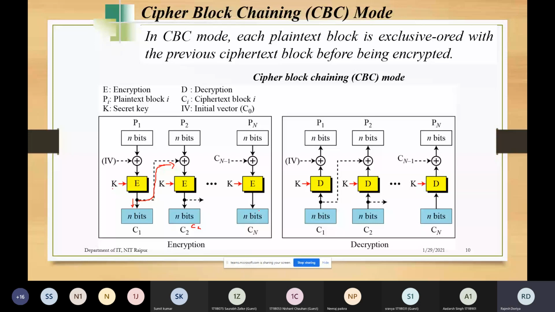For decryption, the same process is reversed: the ciphertext is the input and the plaintext is the output. We have to make sure that the same initialization vector is used for decryption. So this is how the working of cipher block chaining mode looks.